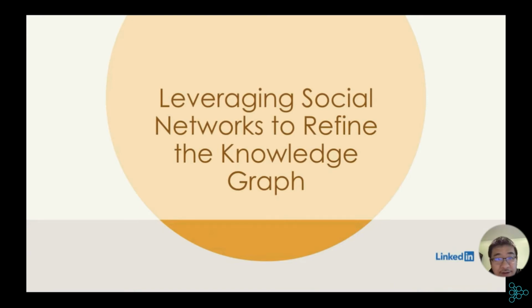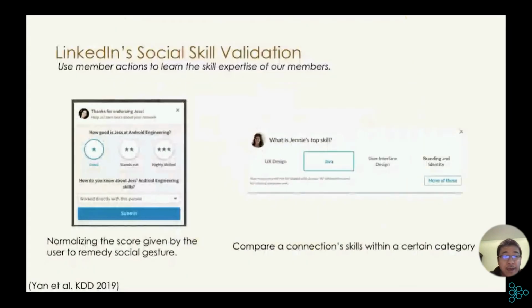Okay, so the next technical challenge I want to introduce here is how to leverage the social network to refine the knowledge graph. Next, please. Okay, let's still use the member skill relationship as the example.